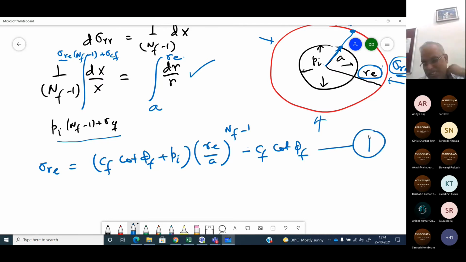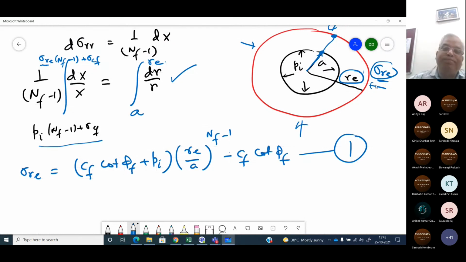Now what it's saying is, you give me a RE, I will give you a sigma RE. But I still do not know what RE is, and I still do not know what sigma RE is. Is that clear so far?